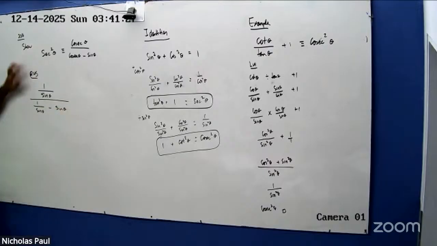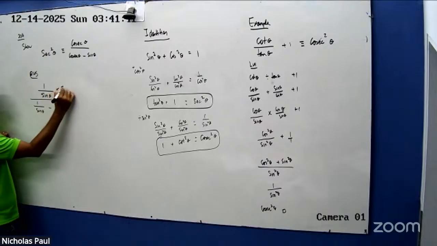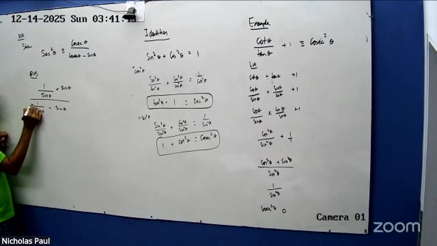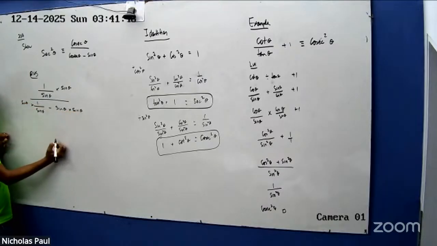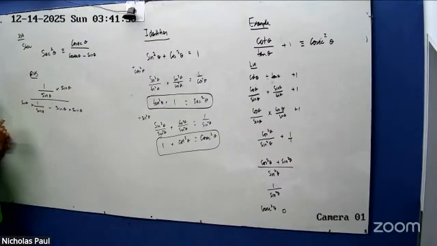So what can I multiply every single term by, Mikhail? Sine theta. So multiply by sine, multiply by sine, multiply by sine. Why?